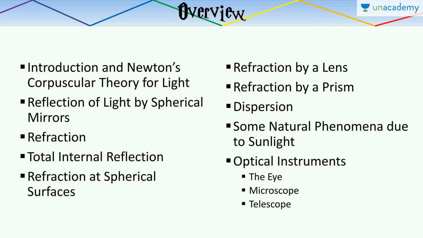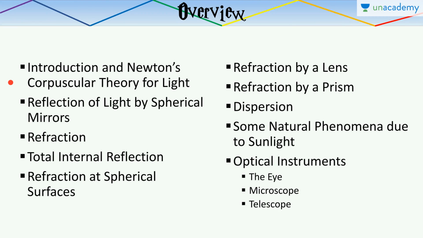A general outline of the topics that we will cover in this course goes through a short introduction of what ray optics really means, more than what we discussed earlier in this lesson. And we are going to invoke the general theory which governs the ray behavior of light, which is Newton's corpuscular theory.